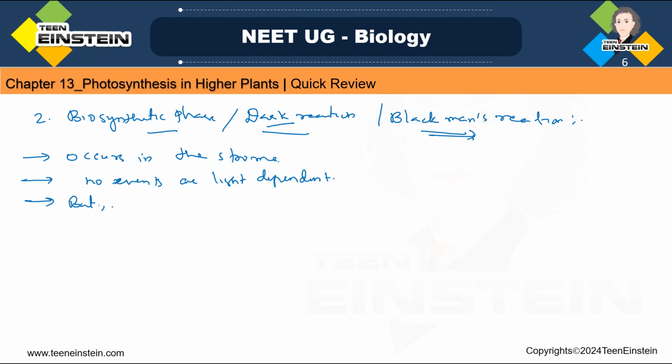The high energy chemical intermediates are utilized here in the biosynthetic pathway. So the products of light reactions are completely utilized: ATP, NADPH, then carbon dioxide, water, all these are utilized in dark reactions.